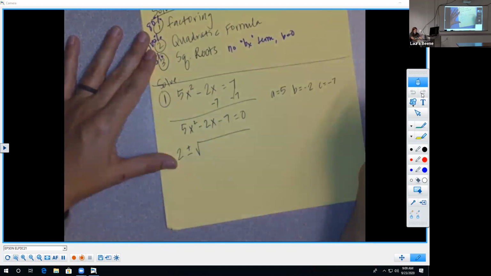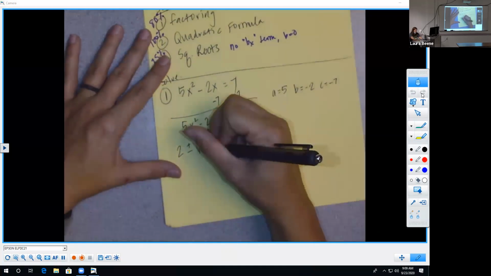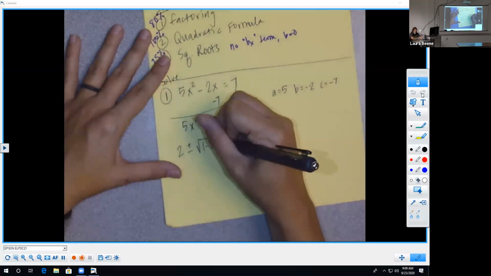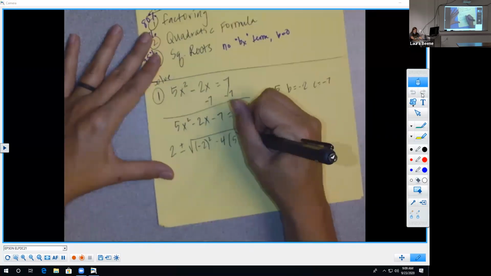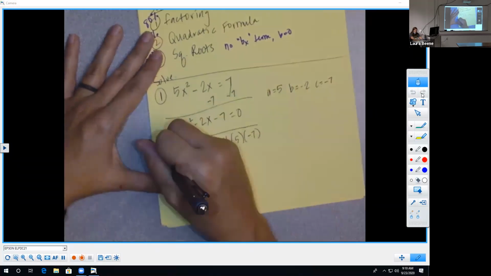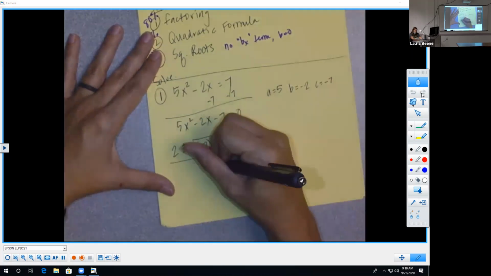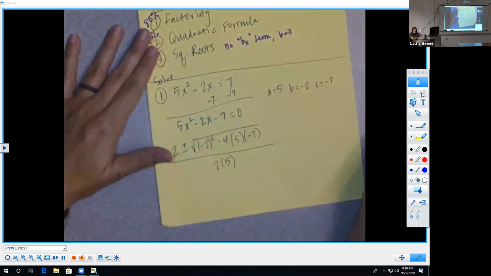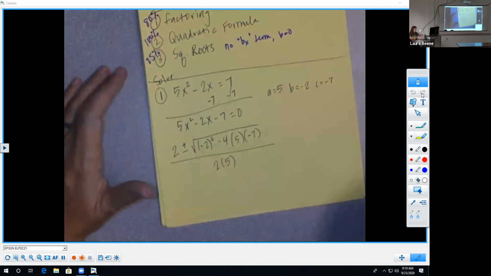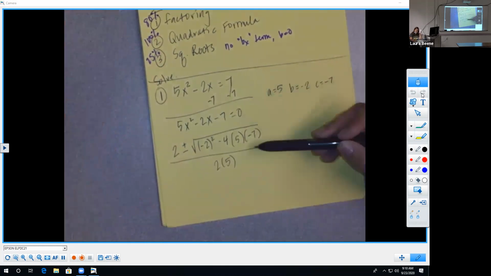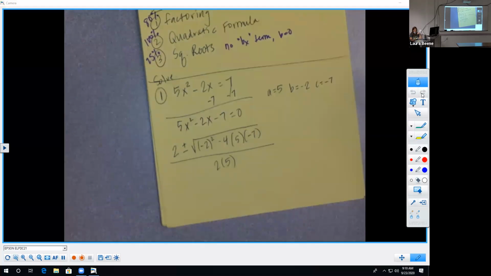So -2 squared minus 4 times a, which is 5, times c, which is -7, all divided by 2 times a, 2 times 5. Take a second and simplify that number under the square root.